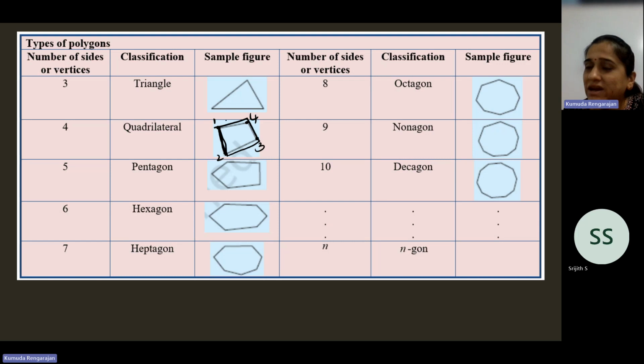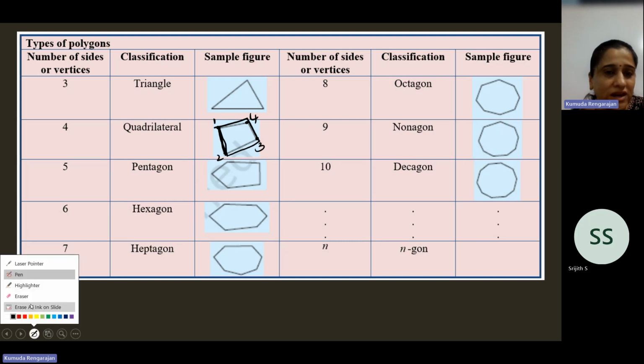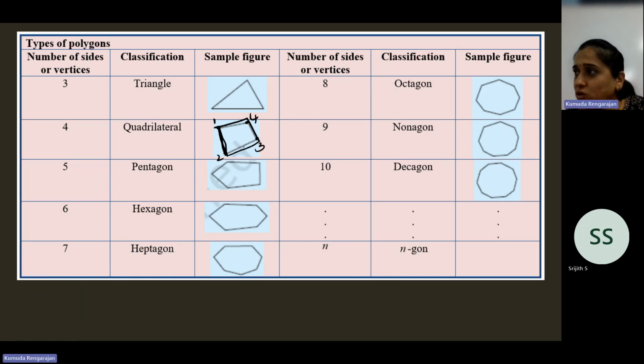So the line segment joining any two consecutive vertices of a polygon is a side. If you join any two non-consecutive vertices, it's the diagonal. Instead of joining 1 and 2, we'll join 1 and 3, since 1 and 2 are consecutive. That's a diagonal. Join 2 and 4, diagonal.